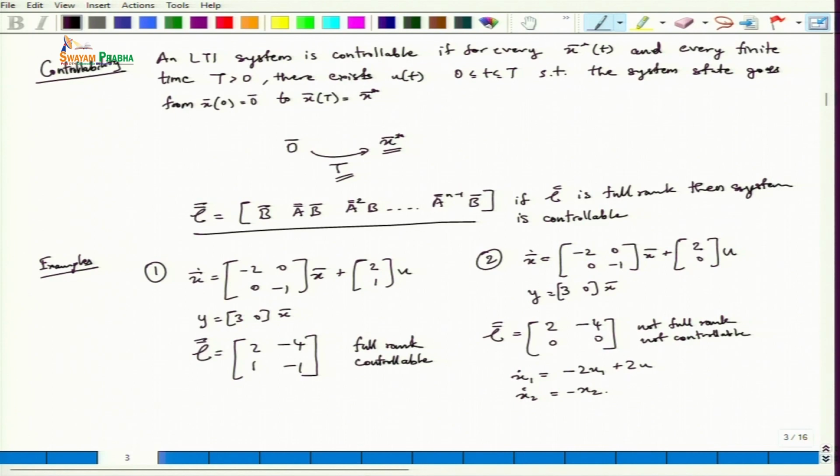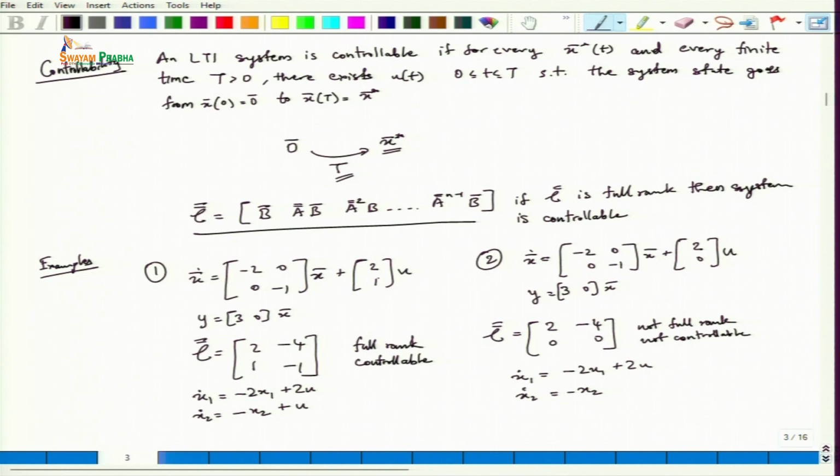So we cannot control x2, we can just control x1, whereas in the previous case where it was controllable, it will be x1 dot is equal to minus 2x1 plus 2u, and x2 dot is equal to minus x2 plus u. So here what you will see is that u can control both x1 as well as x2.